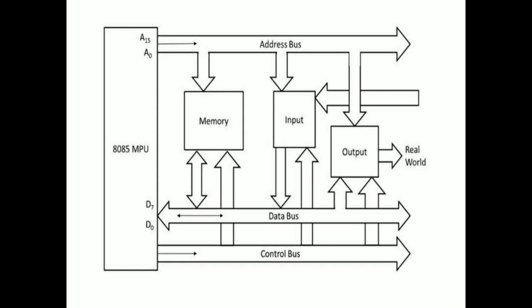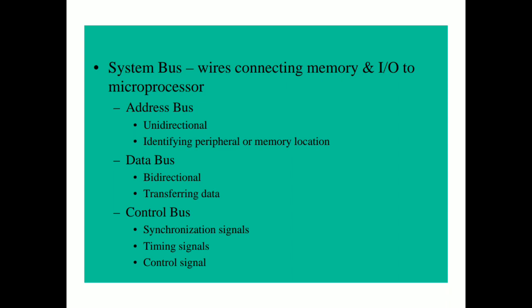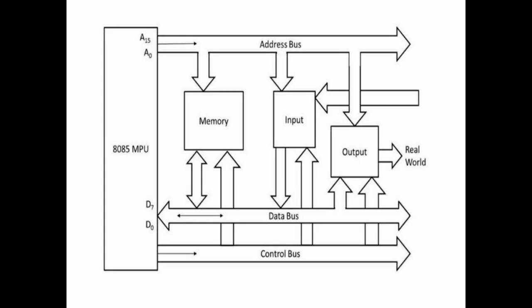So the next, and the last one, is control bus. Control bus is used to carry necessary control signals between the CPU and memory and input-output devices. Examples of control signals are RD bar, WR bar, IO/M bar, etc., which you will get to study.